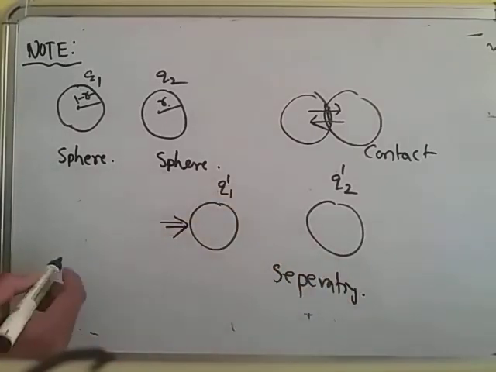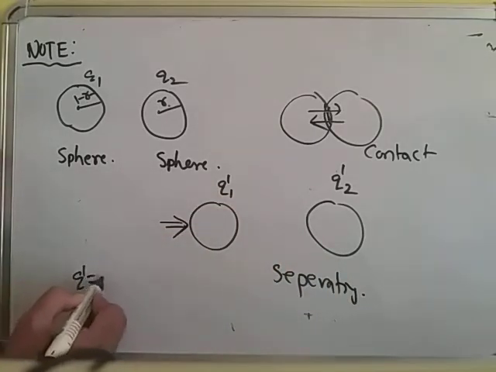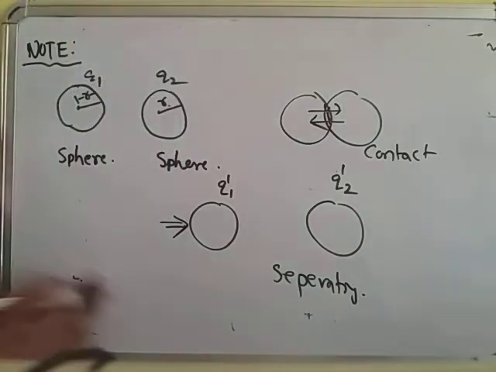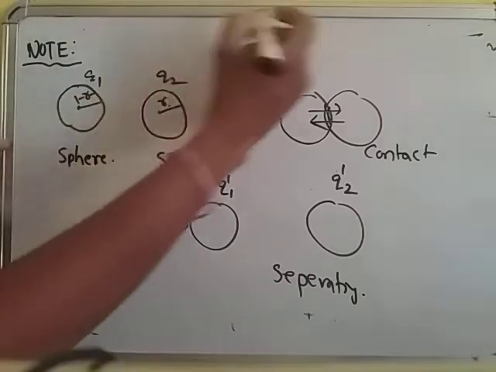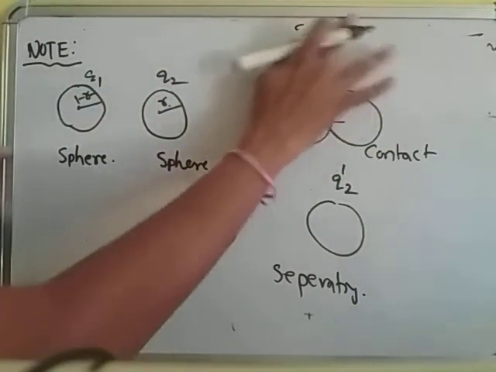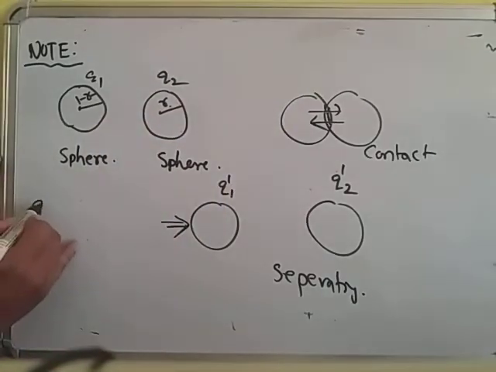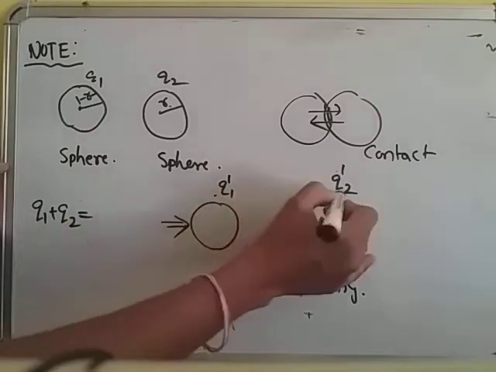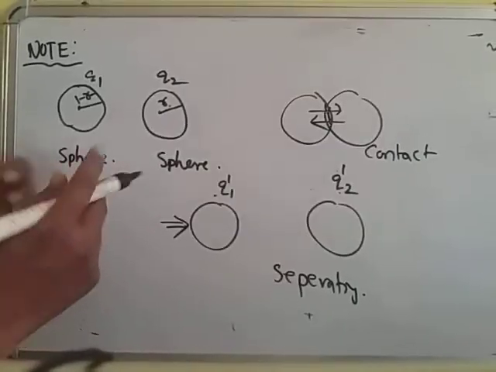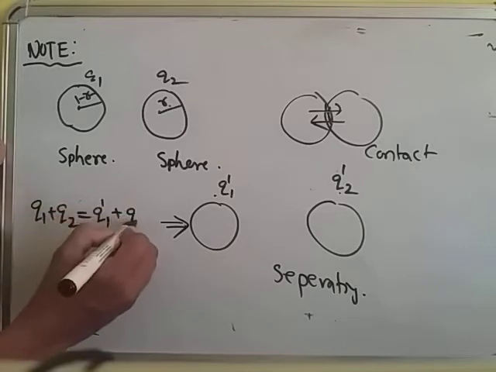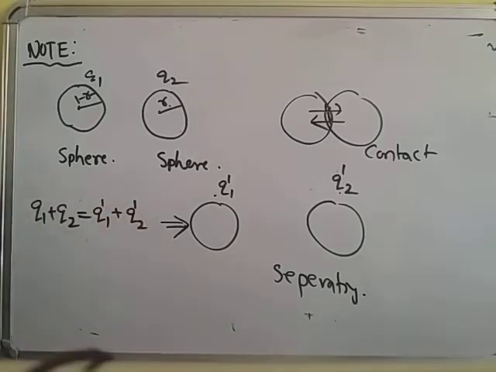Now the total charge is q1 plus q2, and total charge is conserved. Before contact the total charge is q1 plus q2, and after separating also the total charge should be the same, because charge is not created or destroyed.